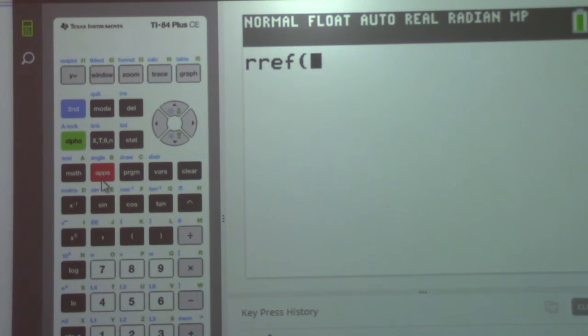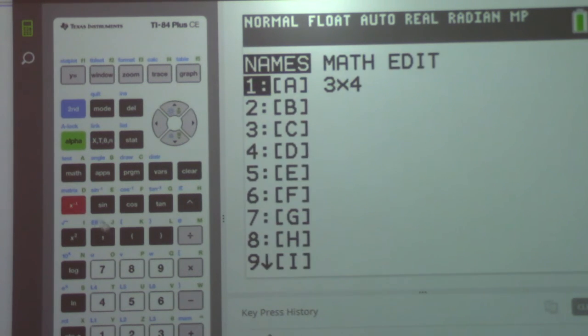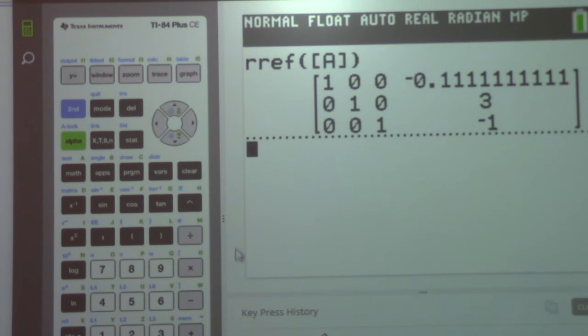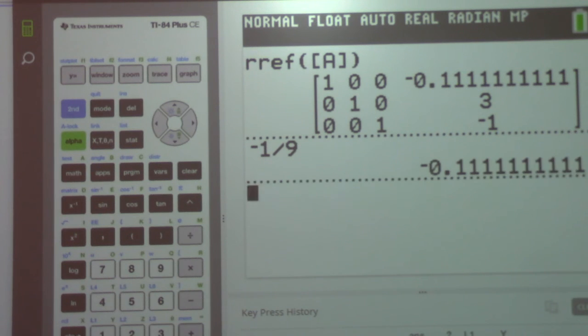Alpha B. There we go. Second matrix. Enter. That's what I got. Okay, good. Now this right here is going to be negative 1/9. So A is negative 1 over 9, because if we take negative 1 divided by 9, we're going to get this. So A is negative 1/9, then 3 and negative 1.